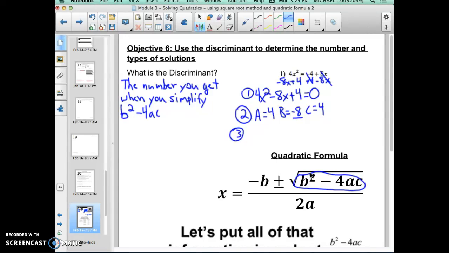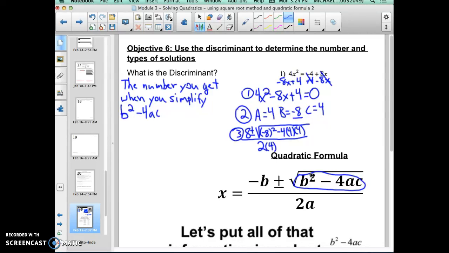In this case, my b is a negative 8, so it's going to be opposite that, which is positive 8, plus or minus the square root of b squared, so negative 8 squared, minus 4 times my a, which is 4, times my c, which is 4, all over 2 times a, which is 4.